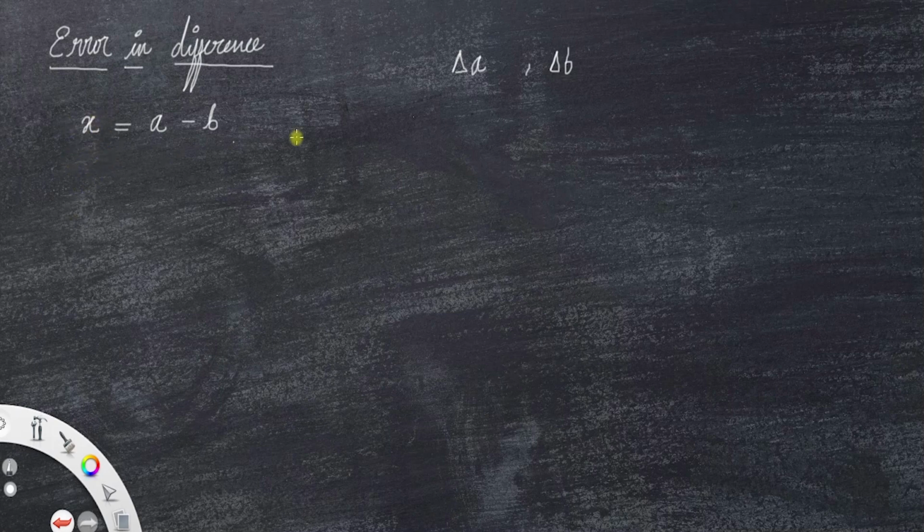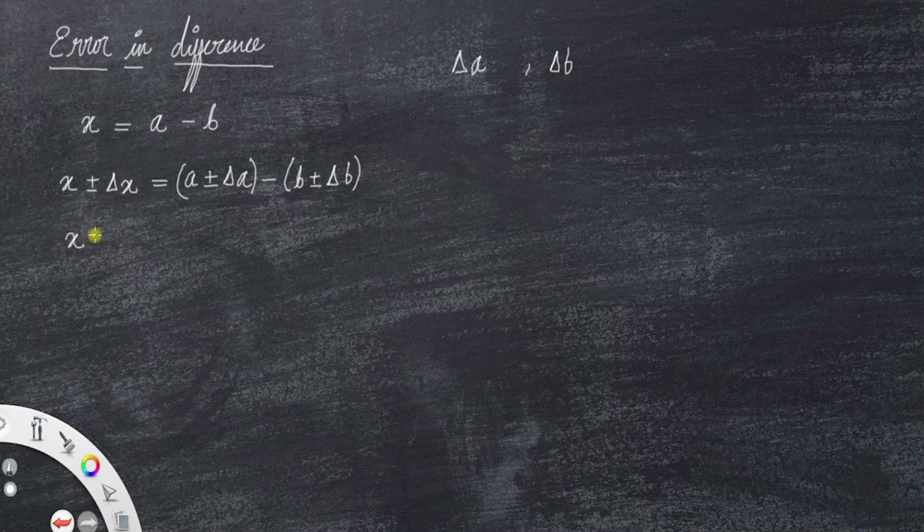So when you write the variable x including the absolute error, you can write it as x plus or minus delta x is equal to a plus or minus delta a, minus b plus or minus delta b. That means the measurement a including the absolute error minus b including its absolute error.